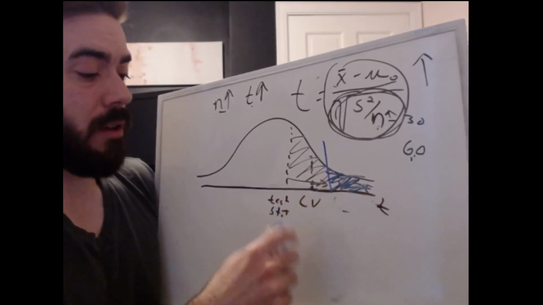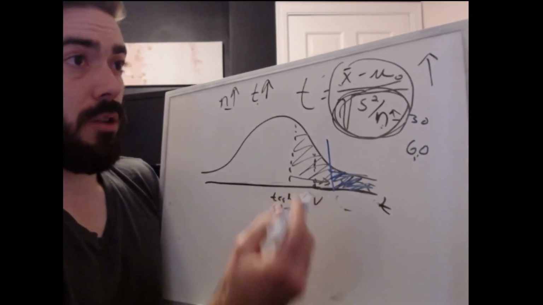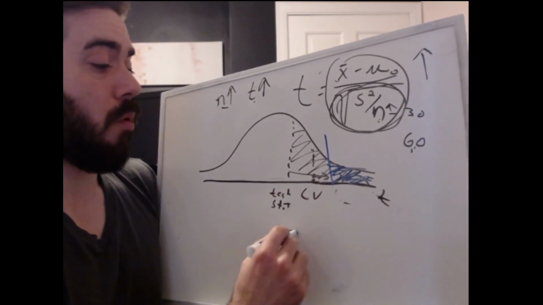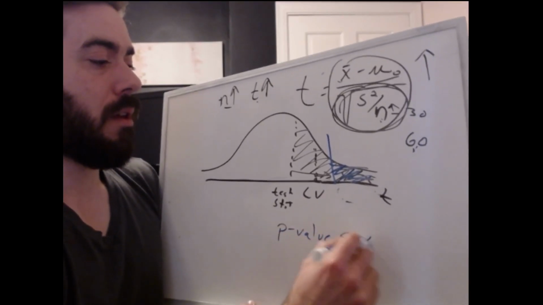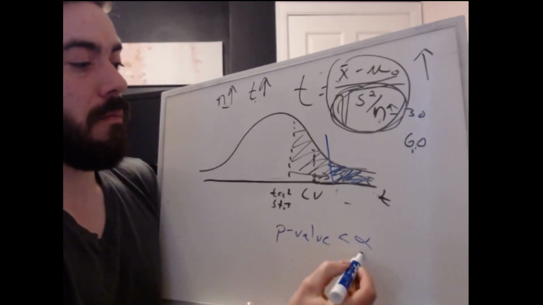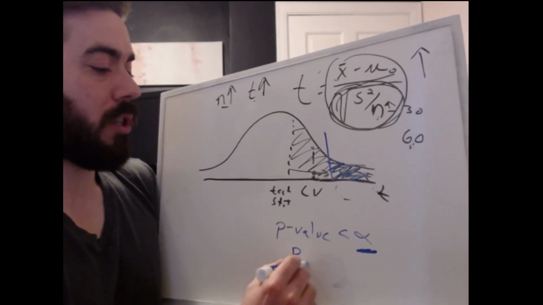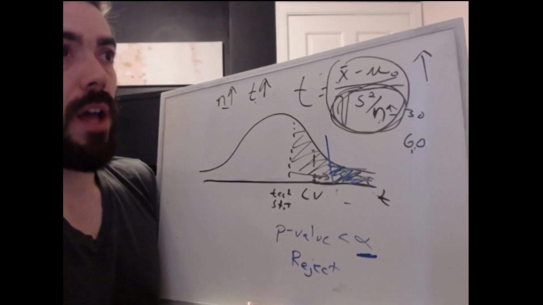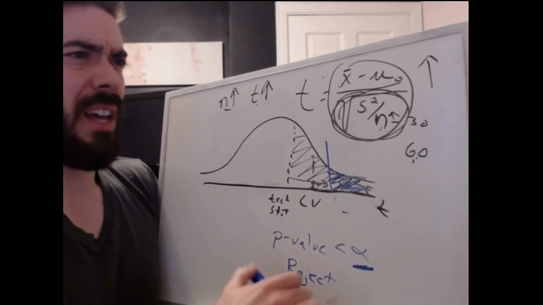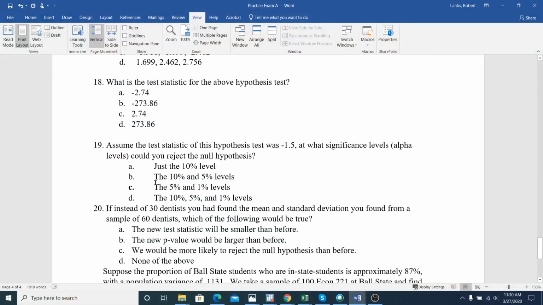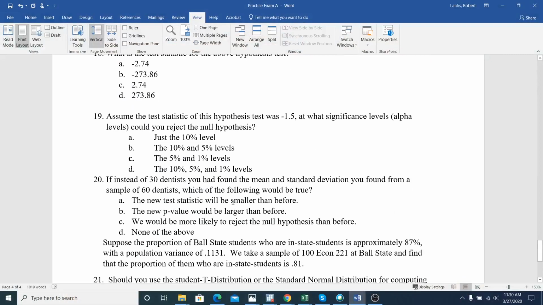If my p-value is smaller, it's more likely to be less than alpha, in which case we're more likely to reject. So we had a larger test statistic, so A wasn't true. We had a smaller p-value, so B wasn't true, and we would be more likely to reject the null than before. So C was our answer there.